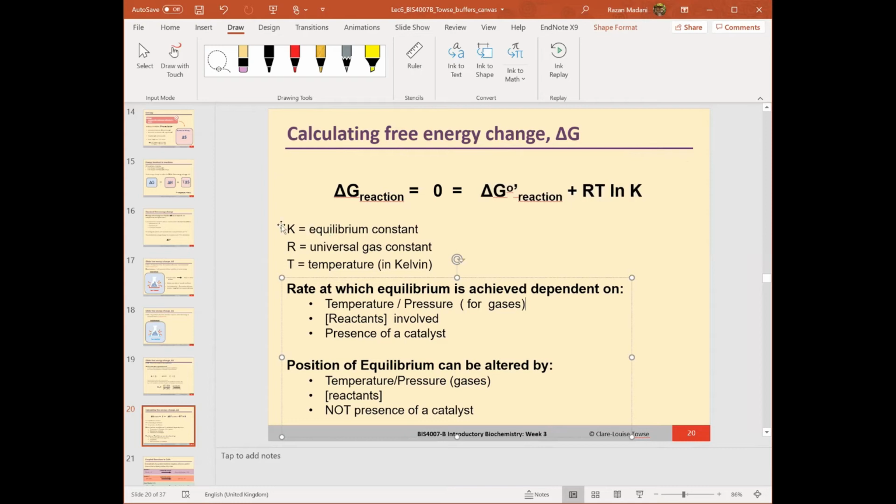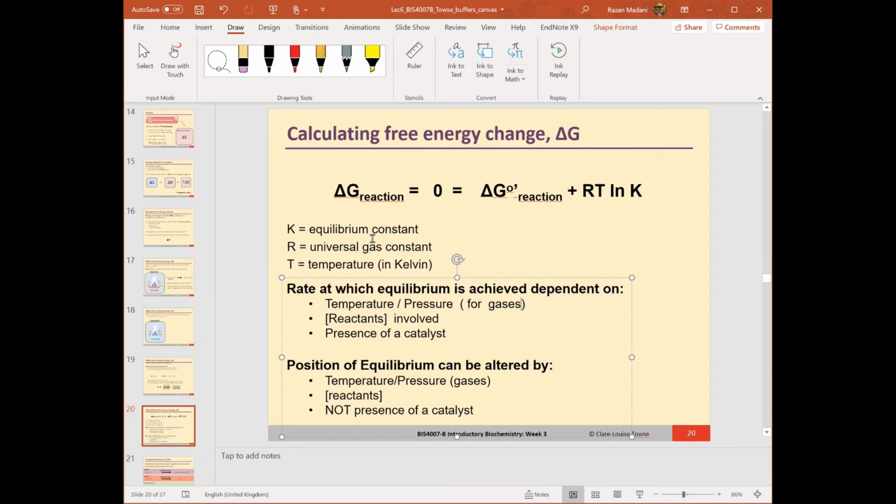So you can write the denotations, what these mean, basically. So what happens here, for example, they will give you an equation, right? And maybe they will give you temperature. Obviously, you will have R. Delta G reaction plus that.